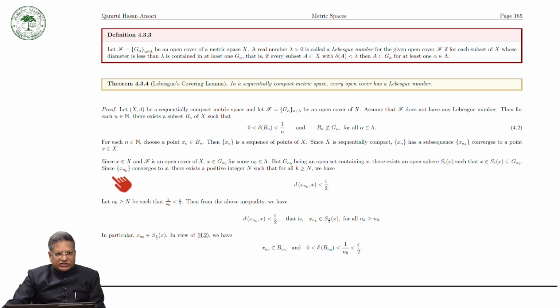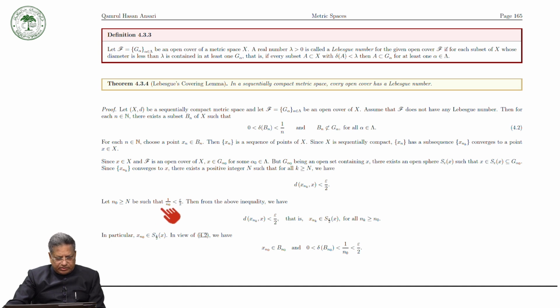And now since xn_k converges to x, by the definition of convergence, there exists a positive integer N such that for all k greater than or equal to N, we have d(xn_k, x) less than epsilon by 2.